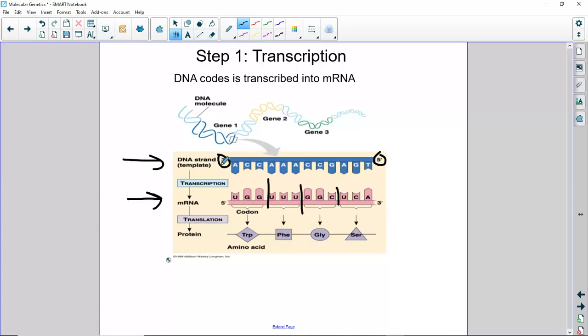So the code is on the DNA, the DNA is transcribed, and the messenger RNA holds the code. What is it going to be the code for? Amino acids, which are going to make protein. You got that? Transcription, DNA to messenger RNA.